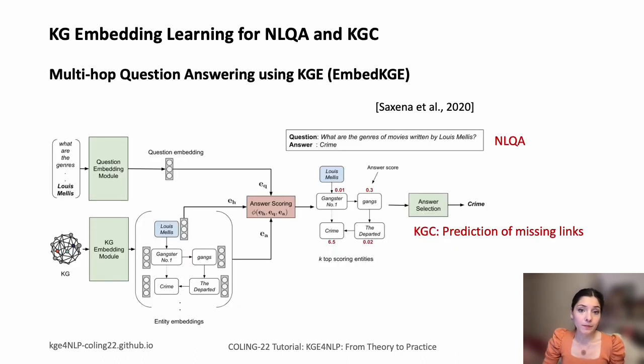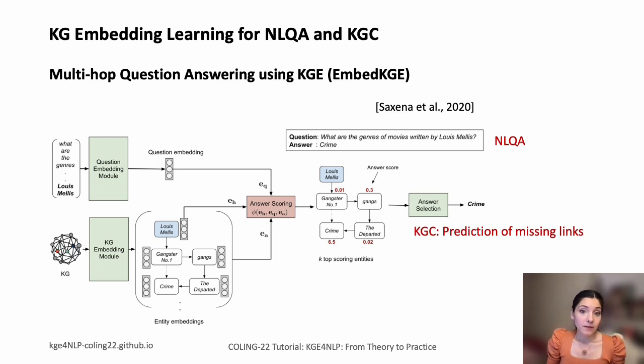On the other hand, another framework called Embed KGE performs multitask learning where natural language question answering and knowledge graph completion take place together. It learns the embedding of natural language question and relation matching using the model Roberta.